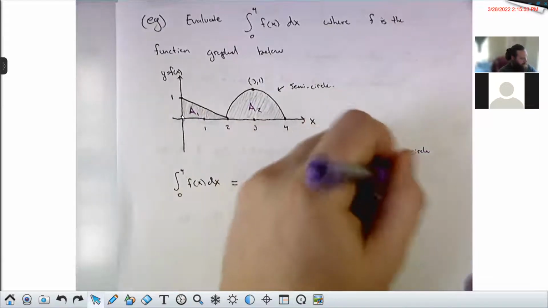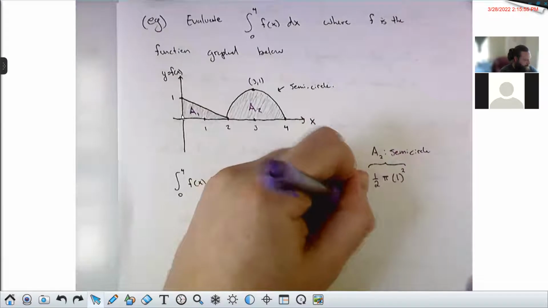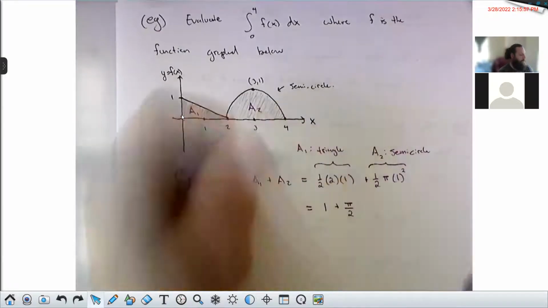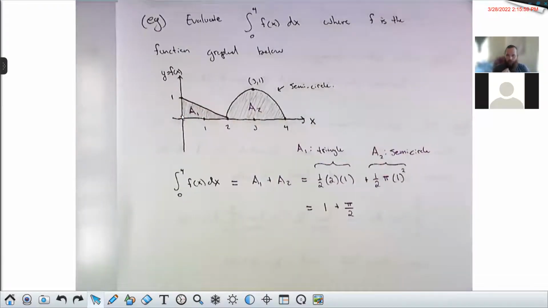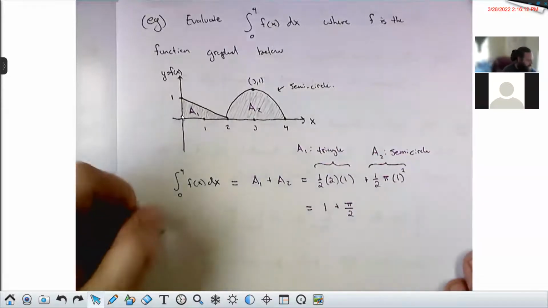Plus 1/2 times pi times 1 squared is pi over 2. So 1 plus pi over 2. You can leave it like that. It's absolutely no harm in that. We can try this again, but with a small change.